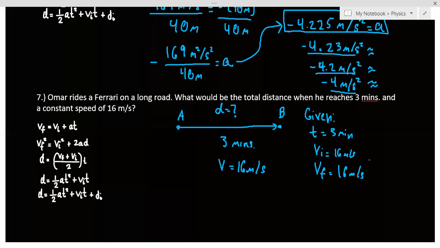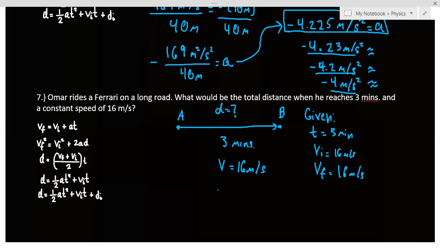The answer is both. Why both? Both the initial and the final. Because when you have a constant speed of 16 meters per second, what does that mean? The speed doesn't change. It maintains instead. It doesn't speed up, it doesn't slow down.